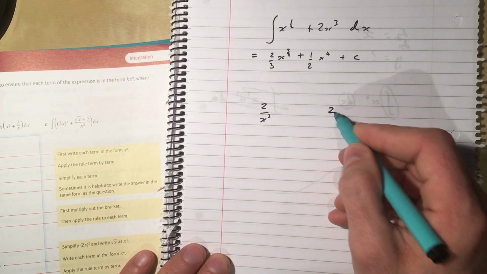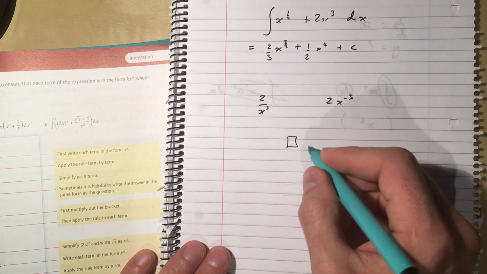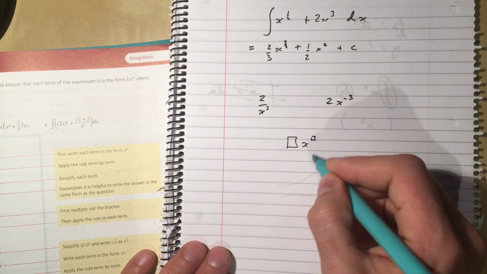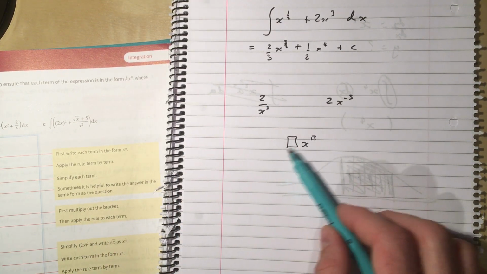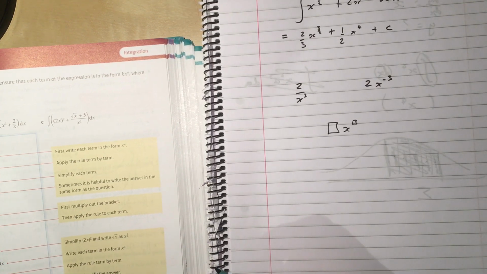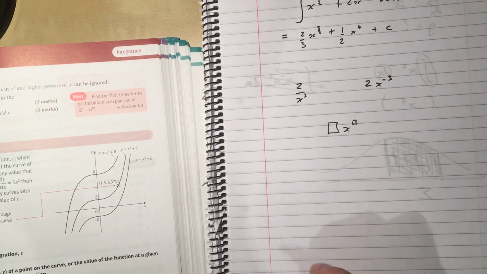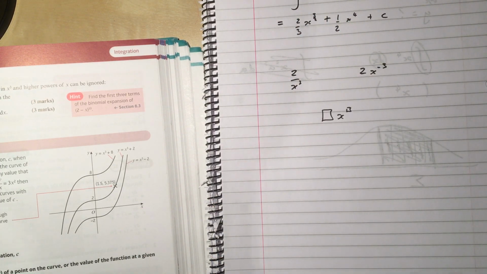We need to rewrite it as 2 times x to the power of minus 3, because again, to integrate, we need to put things in this form, something times x to the power of something. So in example 5, things aren't in that form, and we need to rearrange them into that form. I'm not going to go through these examples now, because that's getting back to chapters 1, 2, and 3, I think, where we're dealing with surds and indices and things like that. So rearrange it to the power that looks nice, get used to this new notation, and that's us done with section 13.2.